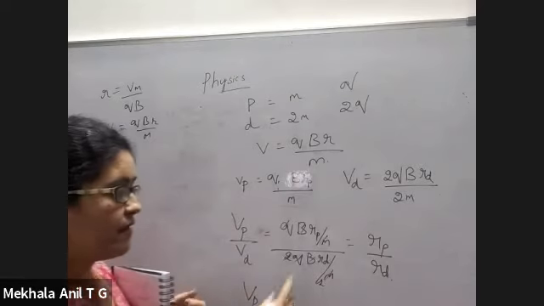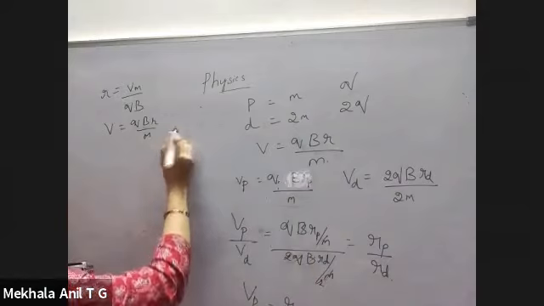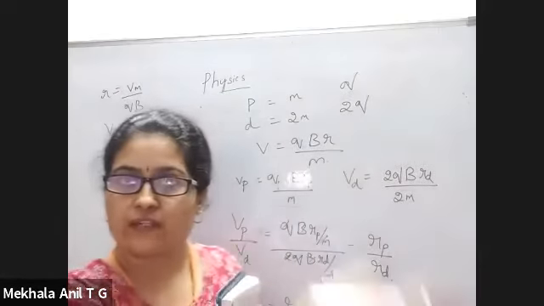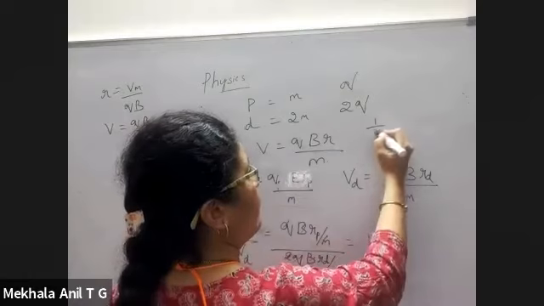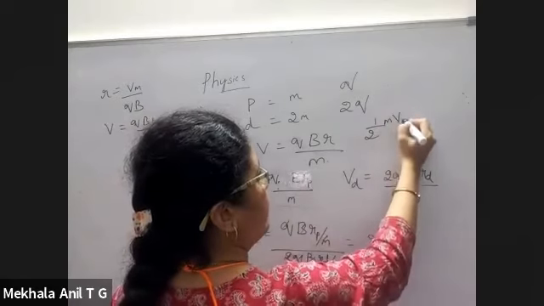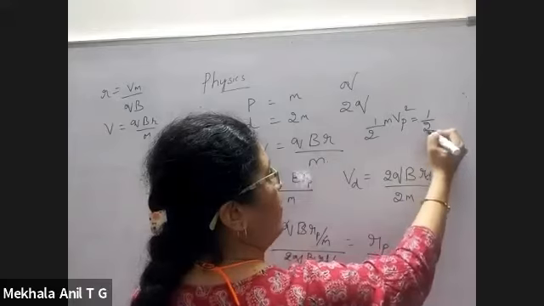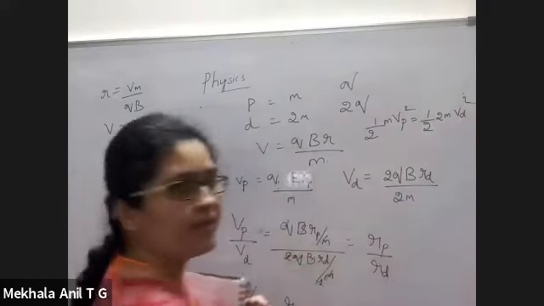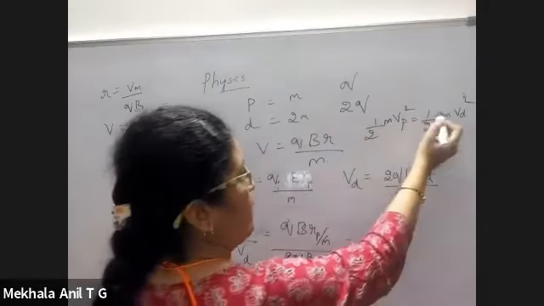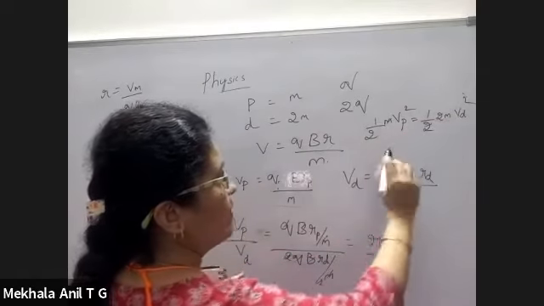Now, since the kinetic energy is the same, they have given that the kinetic energy of the proton and the deuteron are the same. So therefore, half m vP squared is equal to half 2m vD squared. So m cancels, 2 cancels here.